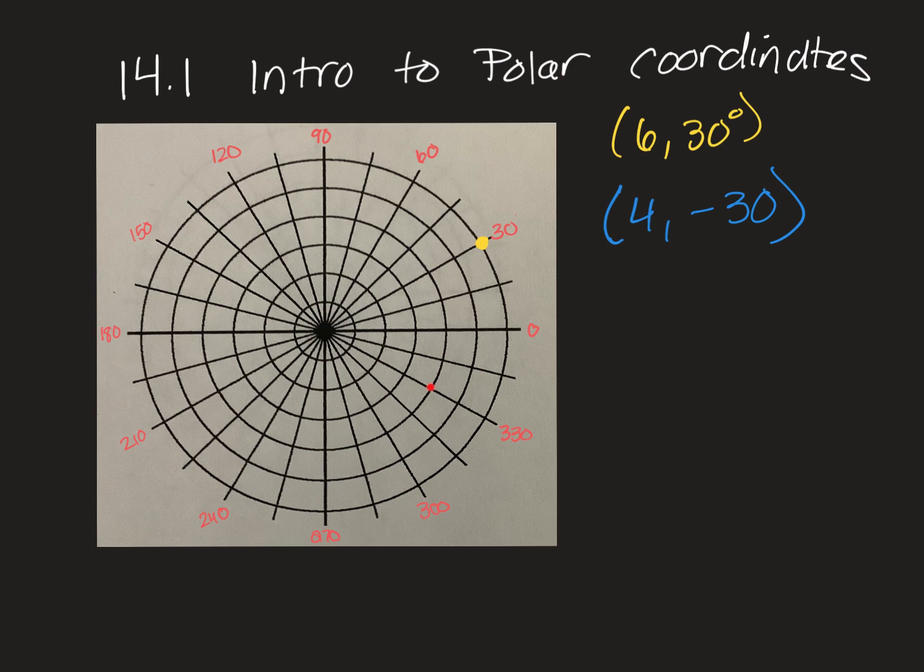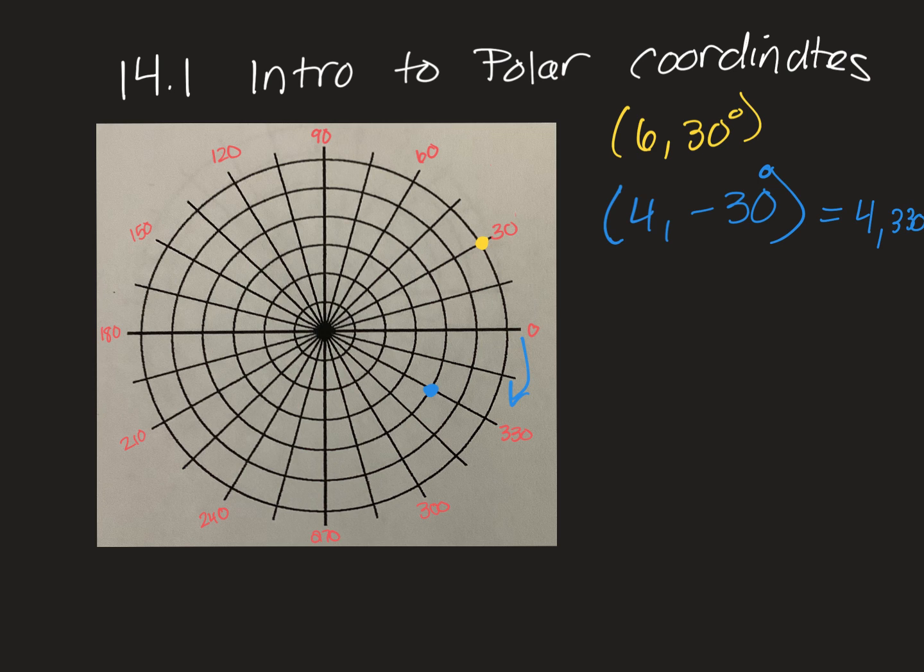So it would go here. 1, 2, 3, 4. We went down 30 degrees because it's negative 30. So 4, negative 30 is the same as 4, 330.